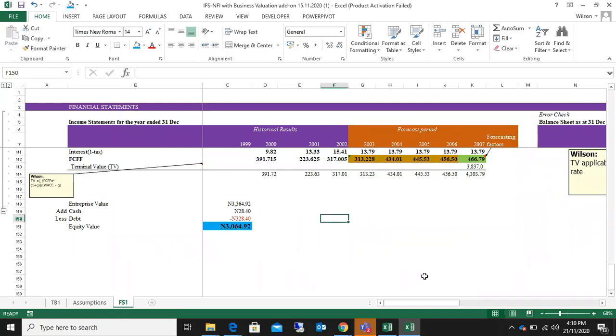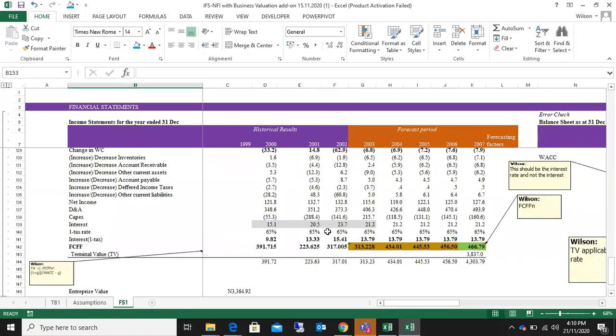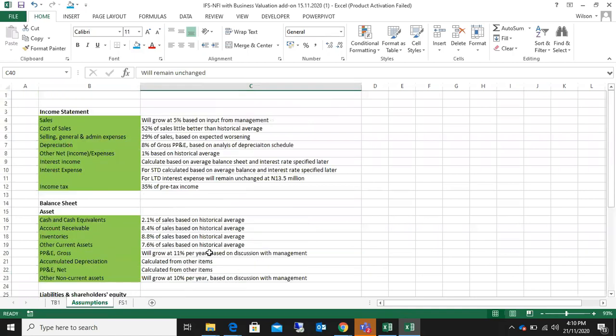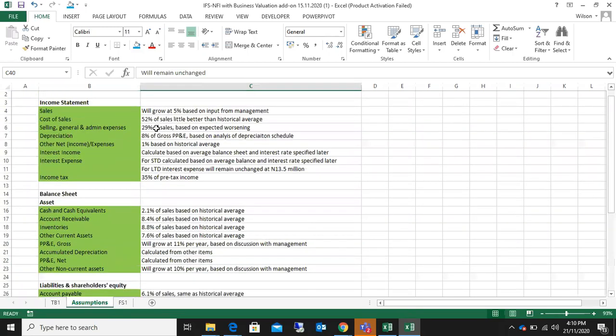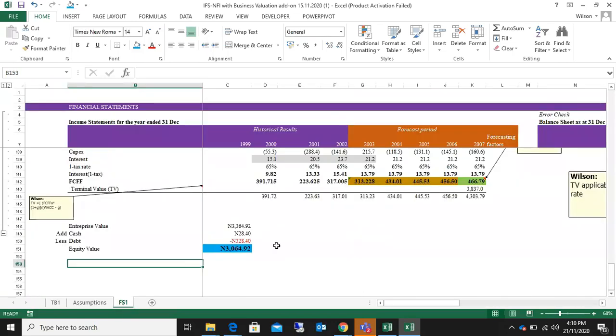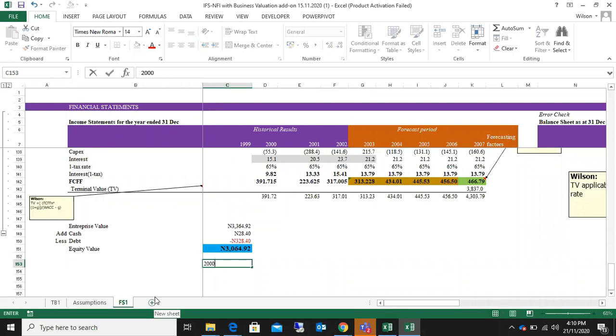Now, another value you may want to calculate in case you have numbers of shares outstanding. Do we have that in the assumption? Okay, it will remain unchanged. But we don't know if you are given numbers of shares outstanding. We are told that it will remain unchanged. Okay, so let's just say you have numbers of shares outstanding of 2,000 or 200.